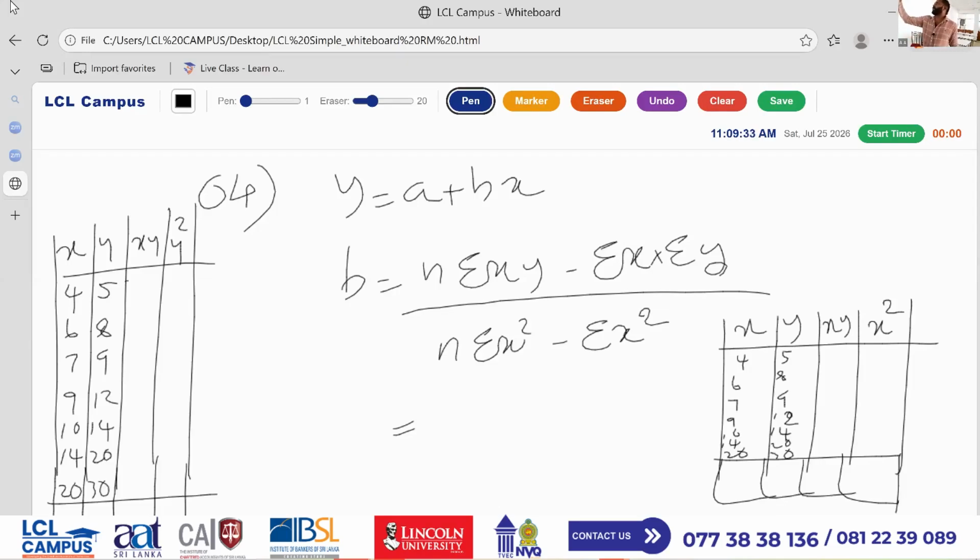XY values: 20, 48, 72, 108, 140, 280, 600. Check whether it's correct.